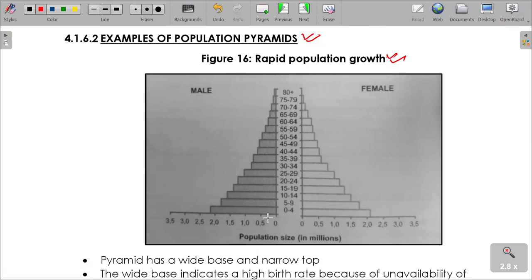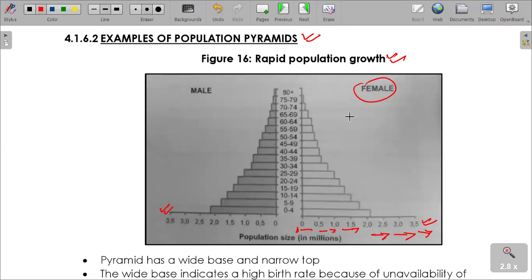We are saying the numbers of people written here are given in millions. So as we go from this level up to this, as you see where I'm marking, going in this direction, this is the number of females within the population of a country.